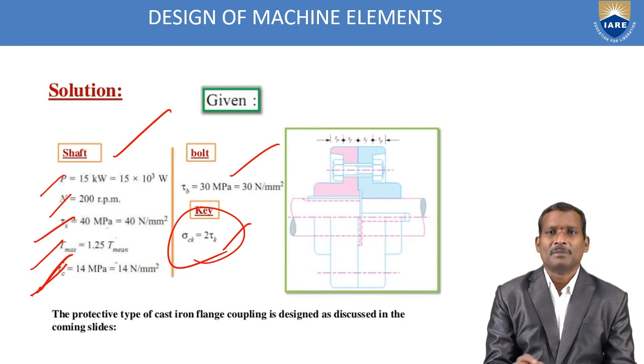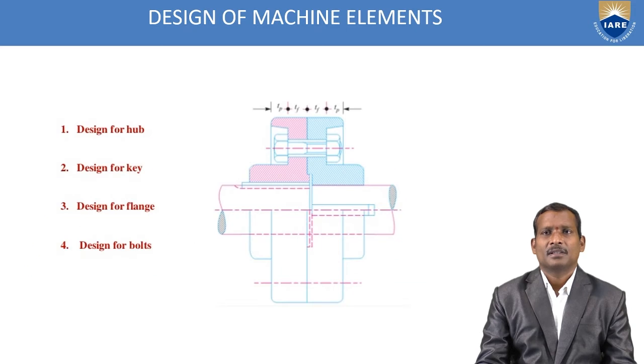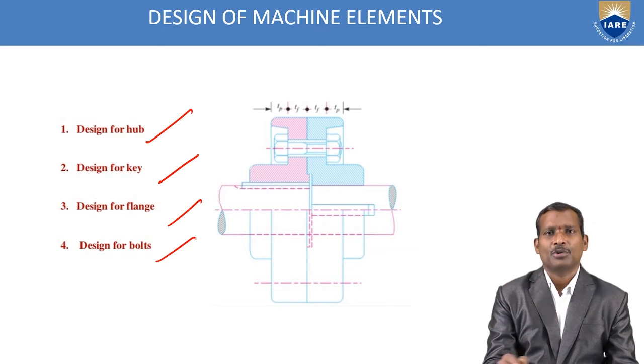The protective type cast iron flange coupling is designed as discussed in the coming slides. See the diagram shown. The design steps are: design for hub, design for key, design for flanges, and design for bolts.